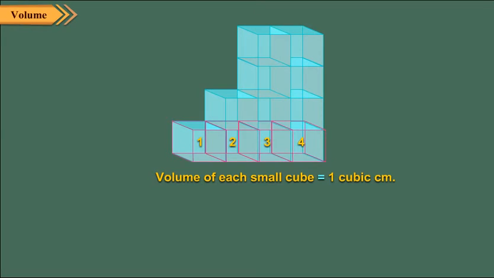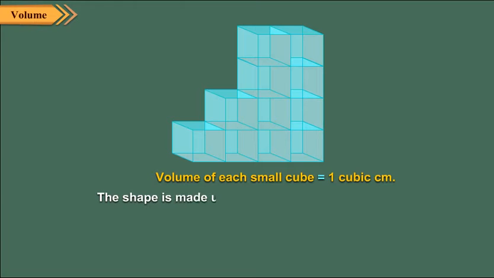Observe this shape. It is made up of 1 centimeter cubes, that is, volume of each small cube is 1 cubic centimeter. The bottom layer has 4 cubes. Next layer has 3 cubes. Next upper layer has 2 cubes. And the top layer also has 2 cubes.